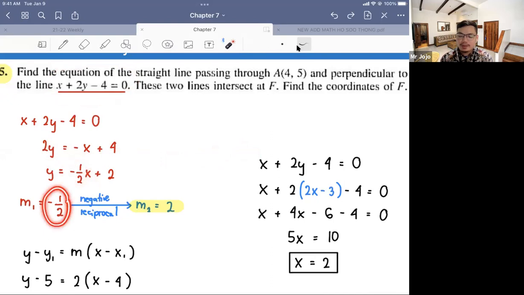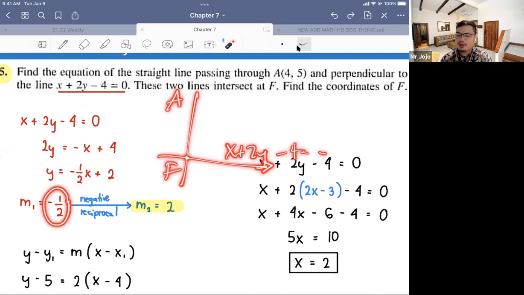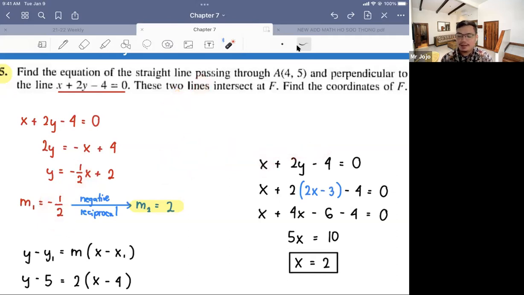So, from here, how do I determine the gradient of the other line, or line AF? Right, you remember I have two lines, and this line has the x plus 2y minus 4. So how do I determine the gradient of line AF? By, again, applying this concept here, negative reciprocal, because they are perpendicular to each other.